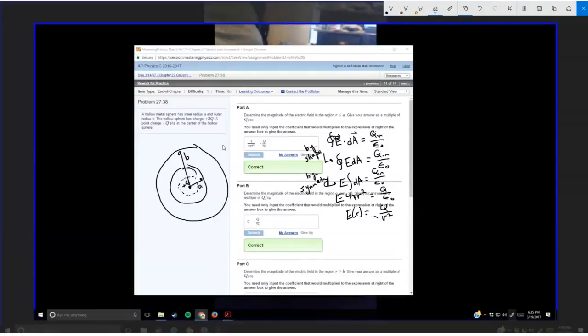So we will not use k. We'll keep it with the epsilon naught, so 1 over 4 pi epsilon naught r squared. That's the first one. You can look at that work, and go ahead and save it.